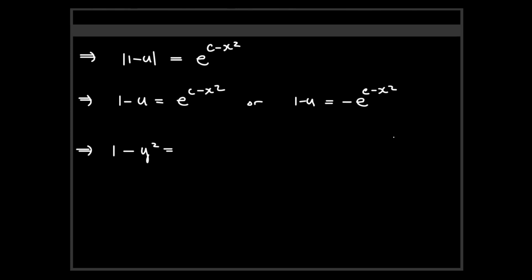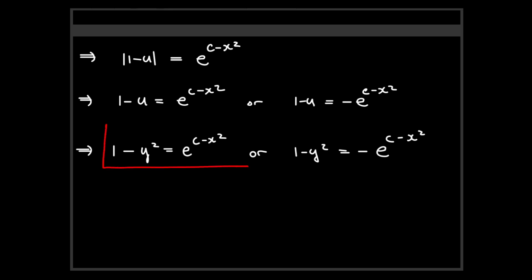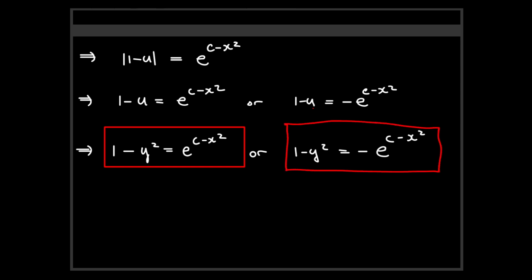Good, so we have 1 minus y squared is equal to e to the c minus x squared, or 1 minus y squared is equal to negative e to the c minus x squared. And again, these are the only 2 options. If y satisfies our differential equation, this is what y should look like. And again, the question is, which one? Which of these is the one that we'll be using?